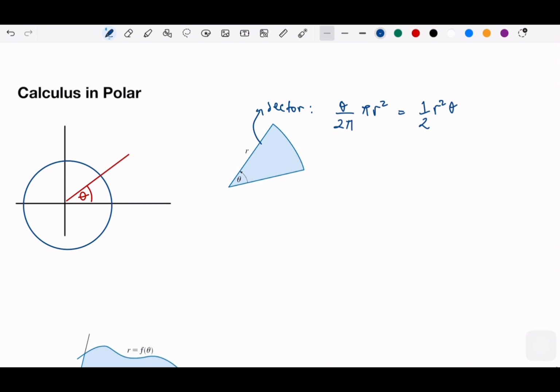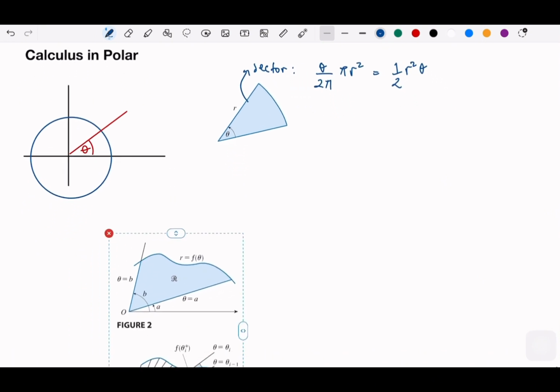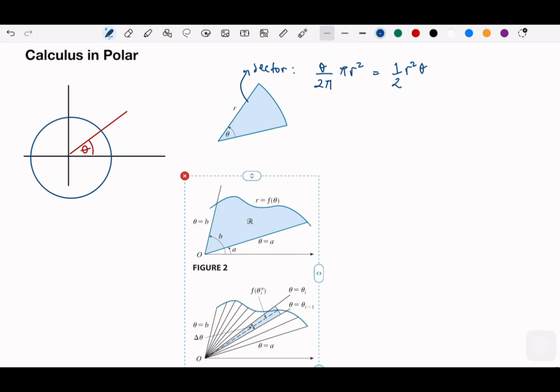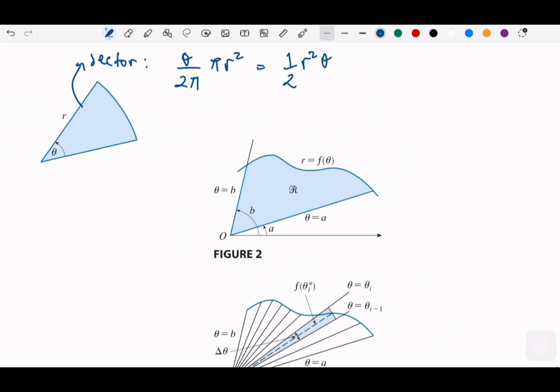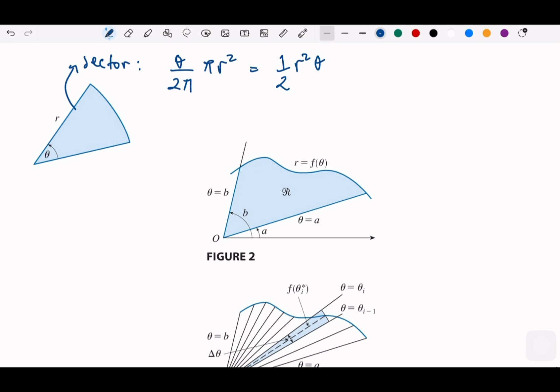So if we have a random area here, let's say r is a function of theta, and we have a random curve on that, and we define that this area in the polar system is enclosed by theta equal a, until theta equal b.